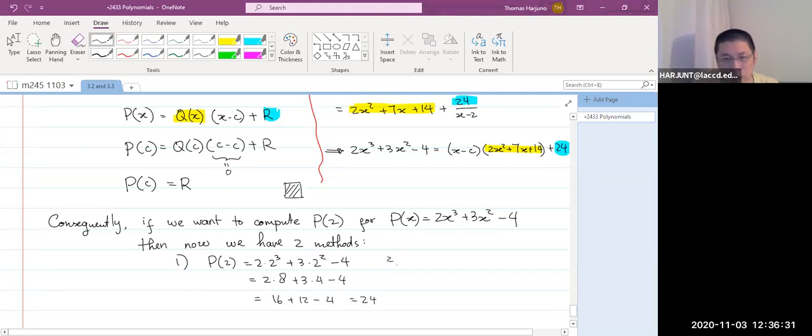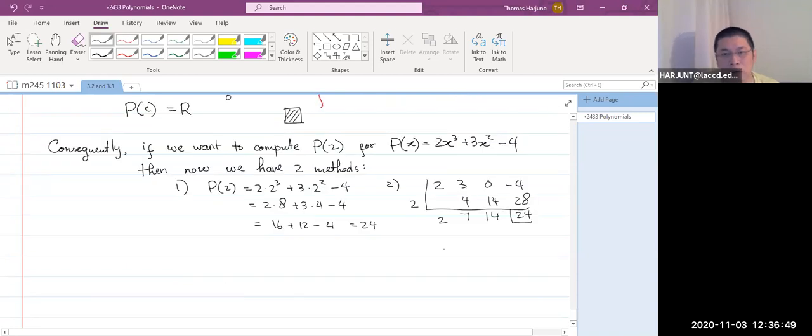The second way, you do synthetic division: 2, 3, 0, negative 4, divided by x minus 2, and see what the remainder is. So then you know that P(2) equals 24.